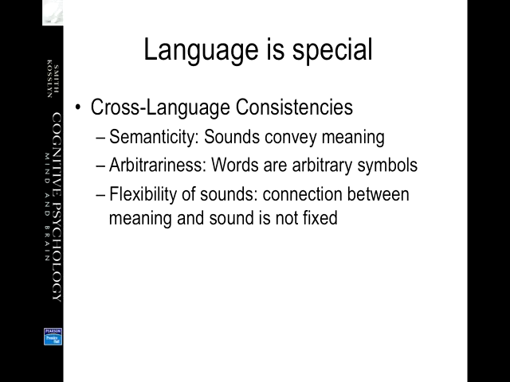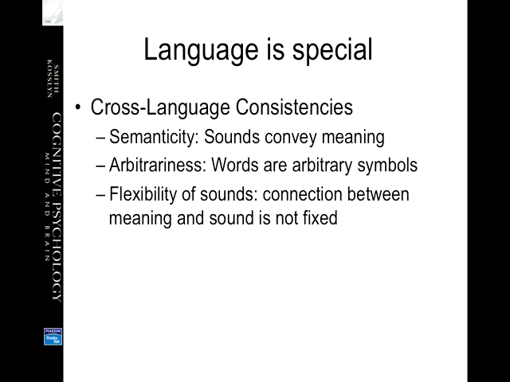So the idea of semanticity is that we have these sounds to convey meaning. We have symbols for the words. For us, it's a written language, or spoken symbols, the sounds, to convey a certain type of meaning. We talked a while back about how representations have to be intentional and carry information. That's what semanticity is.